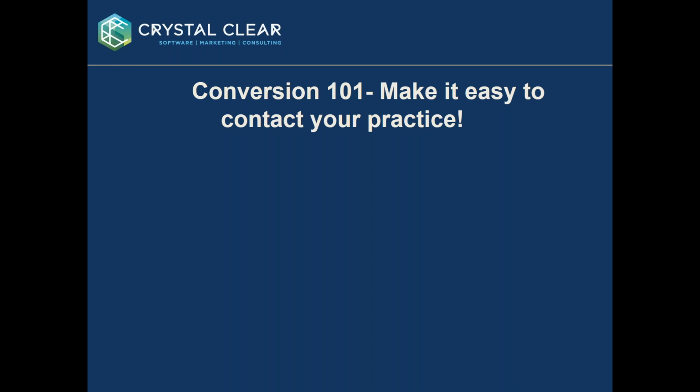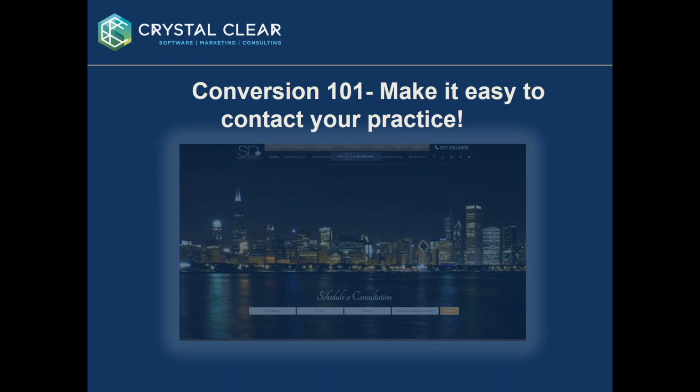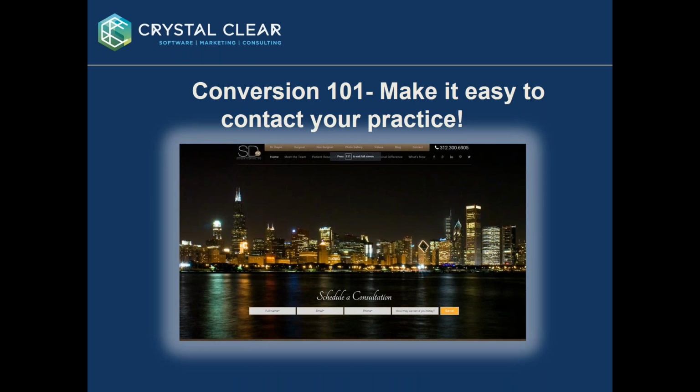Because the assumption is, if people are searching for you and you've done really good SEO, search engine optimization, and you've written really good content, the assumption is people are searching for stuff in your local area, hopefully searching for your services and procedures that they can find you in. They're already coming to your website with the assumption that they want to buy from you. The question becomes, is your site set up to convert in a way that takes that lead and gets what you need right away, their information?